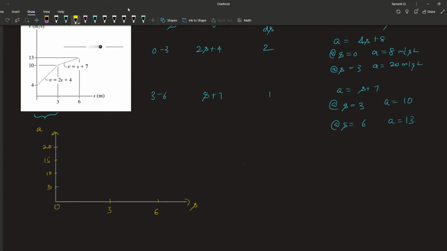So at 0 we have 8, at 3 we have 20, it has to be joined by a straight line. Then in the second interval at 3 it drops down to 10, and then at 6 again it rises to 13. Okay, so this is 8, 20, 10 and 13. This is your acceleration displacement graph.